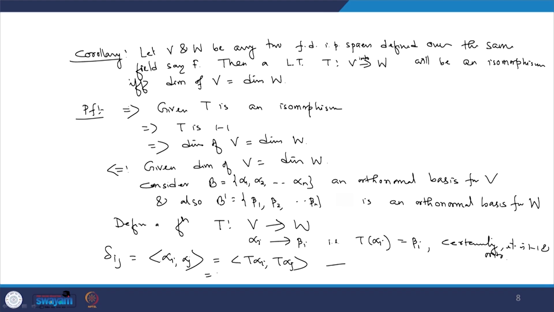So, this implies T is an isomorphism from V onto W.